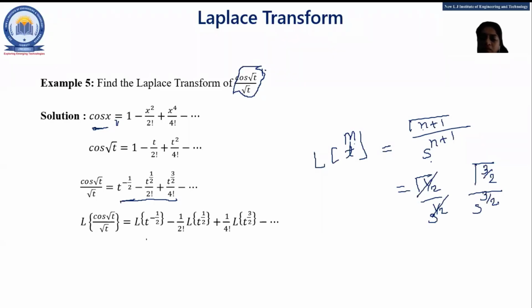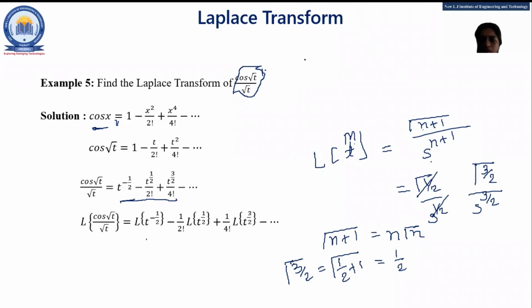Now listen carefully. There is another formula, students, and that is gamma n plus 1 is equal to n gamma n. So if I represent my gamma 3 by 2 as gamma 1 half plus 1, then gamma 1 half plus 1 is what? 1 half gamma 1 half.